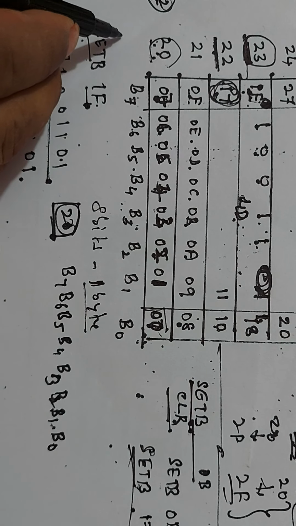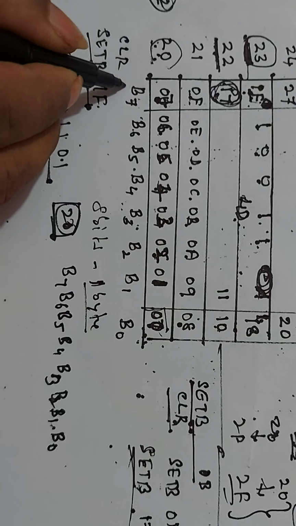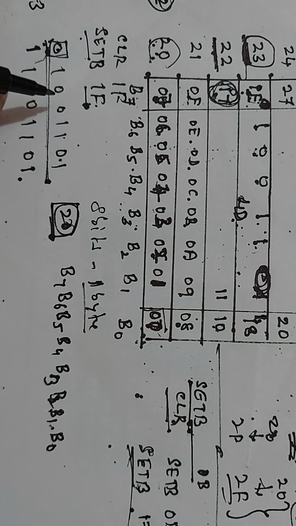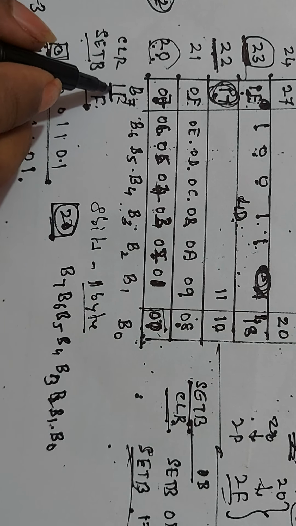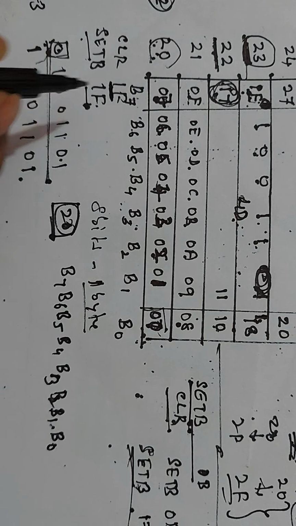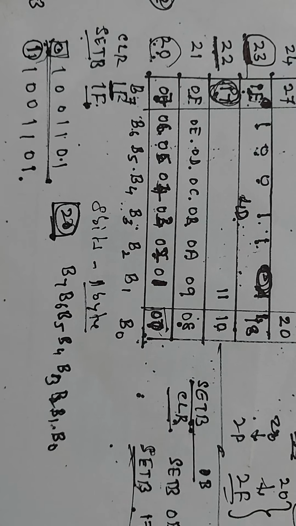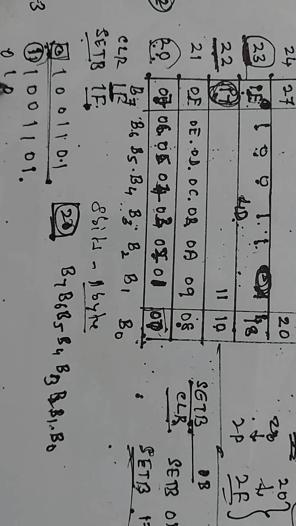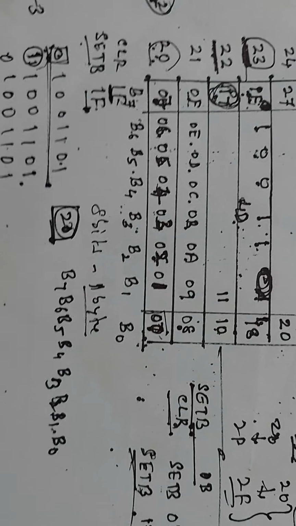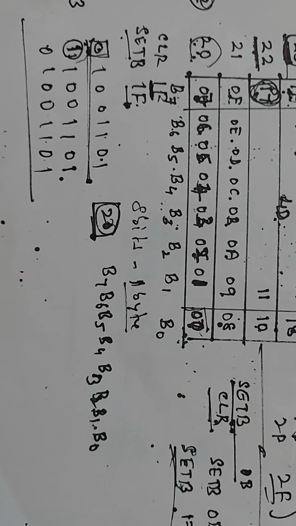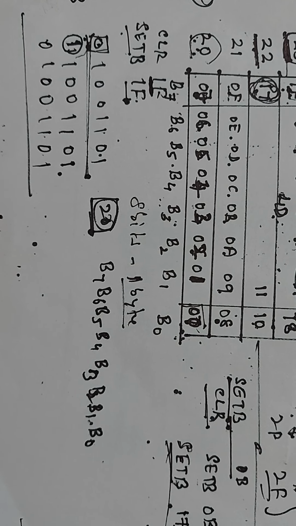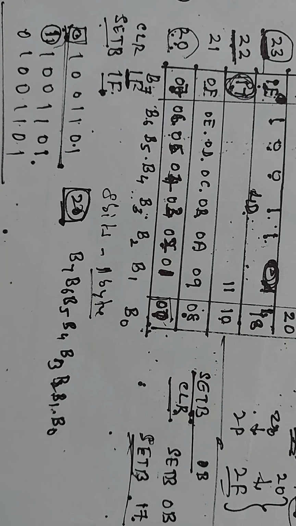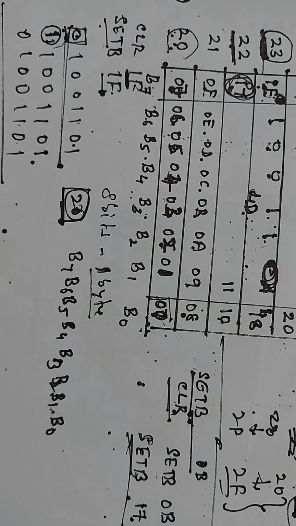Similarly, you can use clear 1F. That means it clears the bit present in 1F. Now the bit in 1F is 1, so clear 1F means it goes to 0, and everything else remains the same. This is how you have to use the bit addressable RAM locations 20 to 2F.